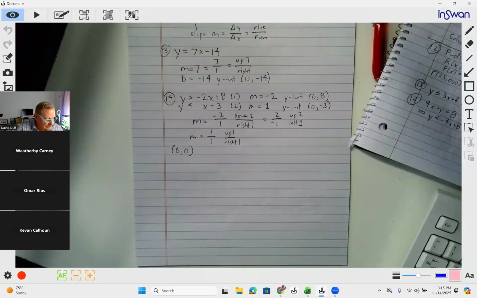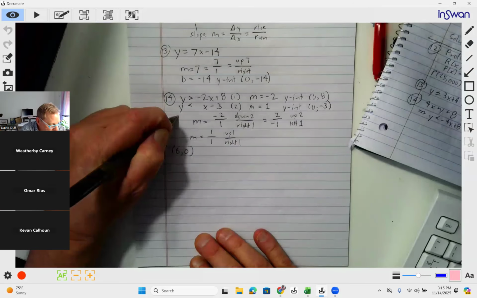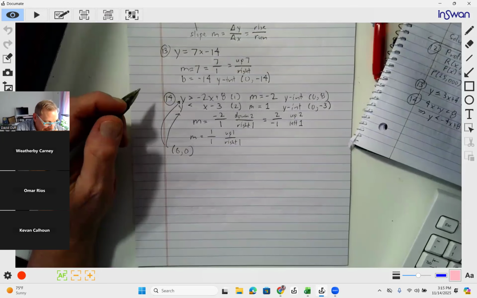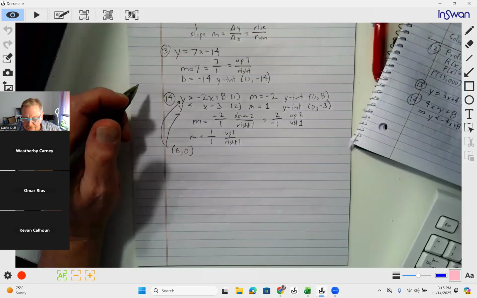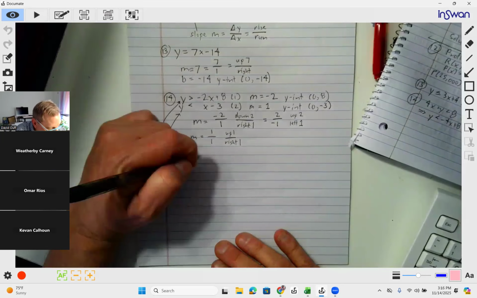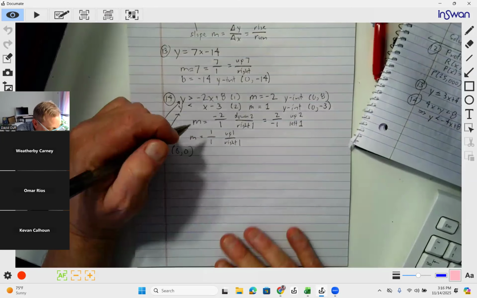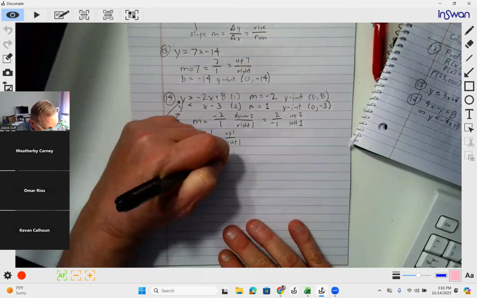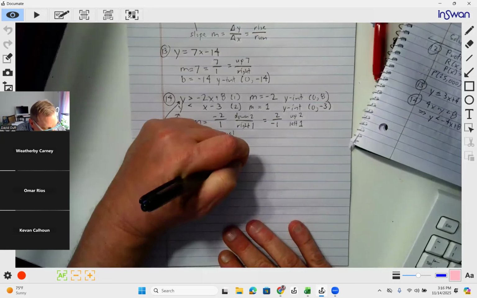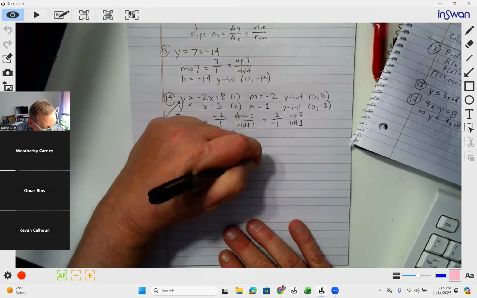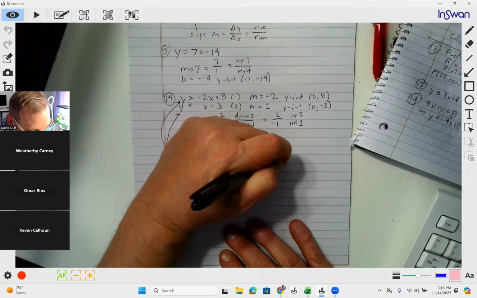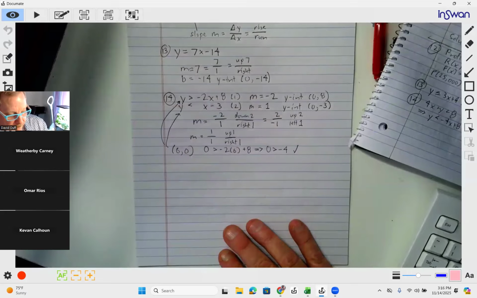Well, I can just plug it back in to this and this, right? If I plug (6, 0) into these equations and they're both true, then I've selected the right region. So I could say, well, x is equal to 6, y is equal to 0. So is 0 greater than negative 2 times 6 plus 8? And that brings me to, is 0 greater than negative 4? This is true.